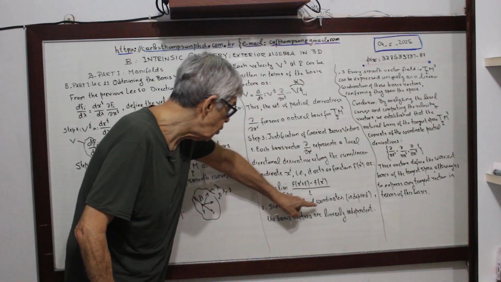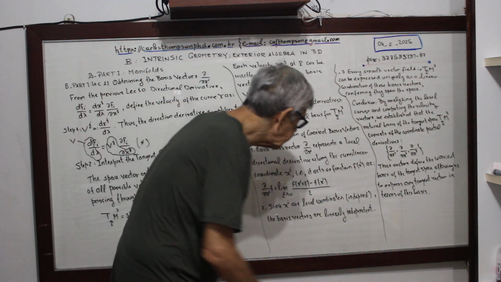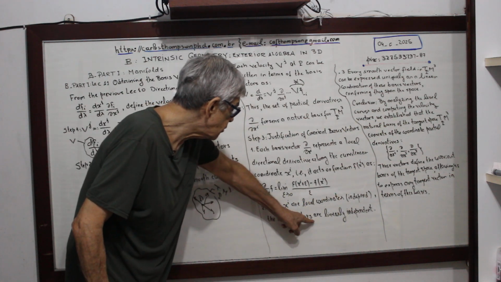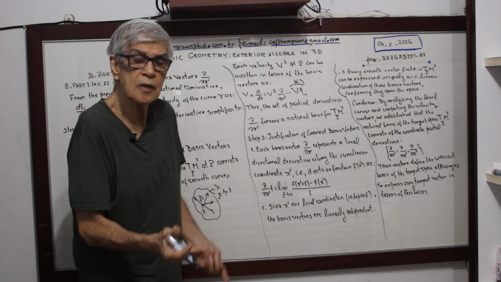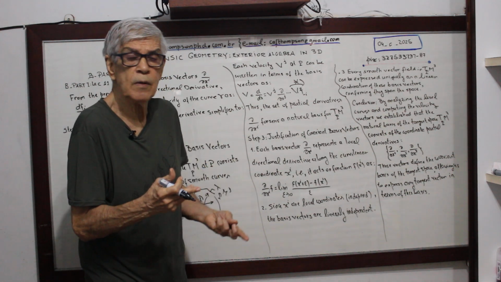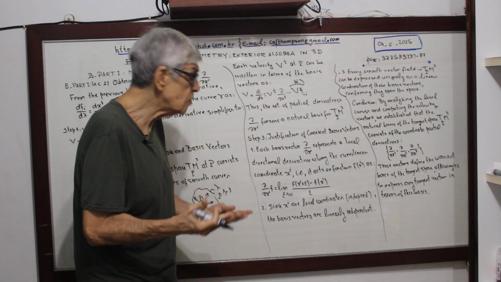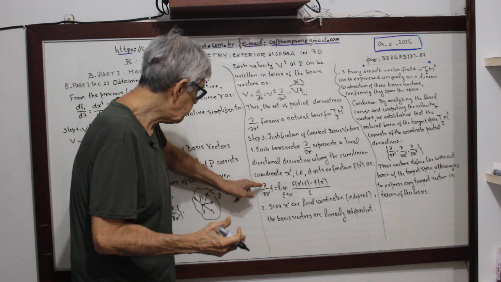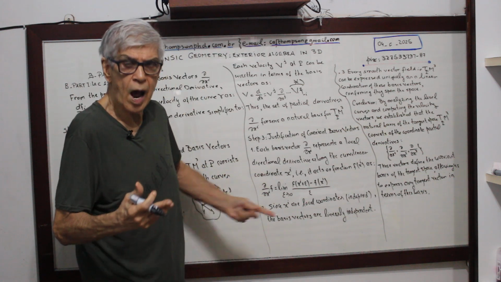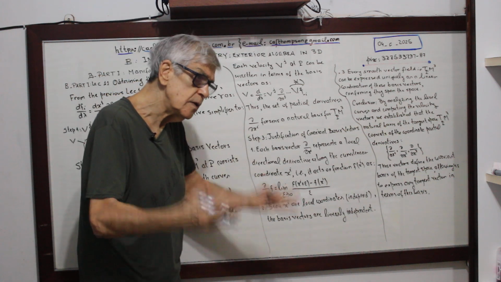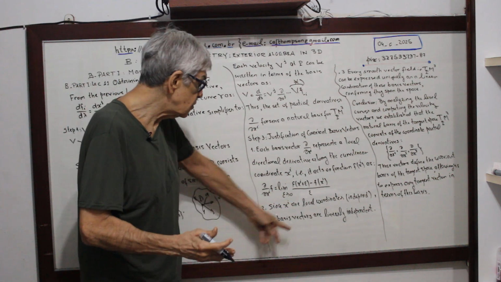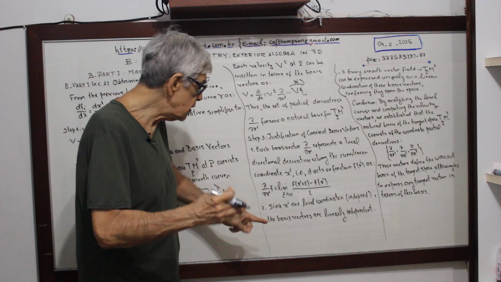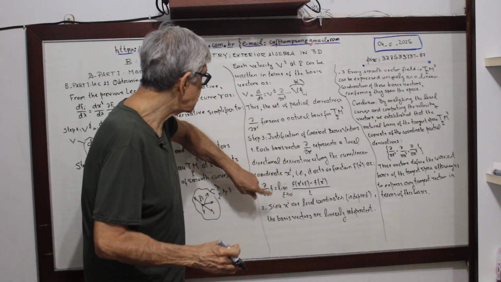Since xi are local, independent coordinates, the basis vectors are also linearly independent. You see, x1, x2, and x3 are independent. By consequence, the partial derivatives for i equal 1, 2, 3 are linearly independent. So I can expand any vector in terms of a linear combination of this base over here.